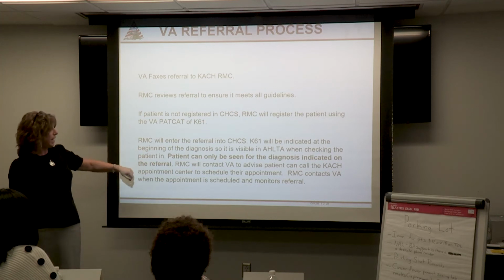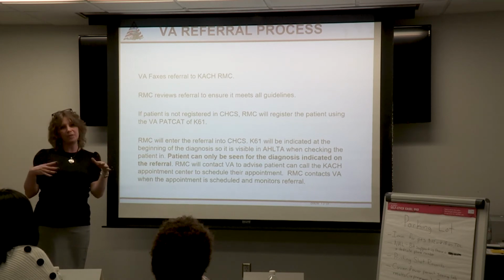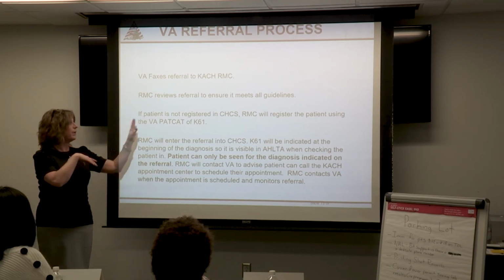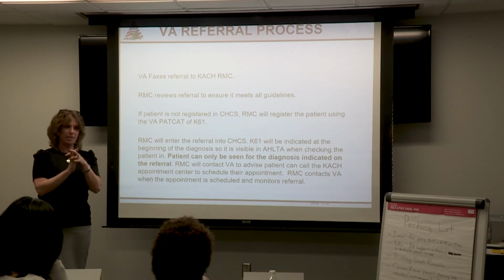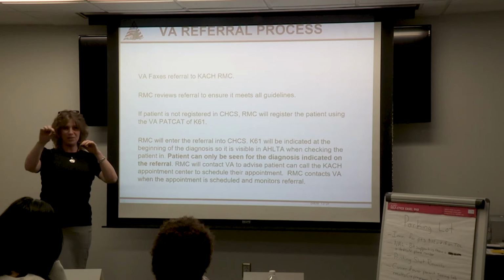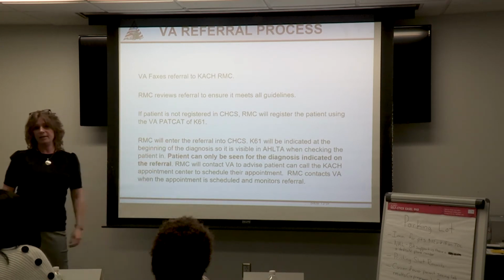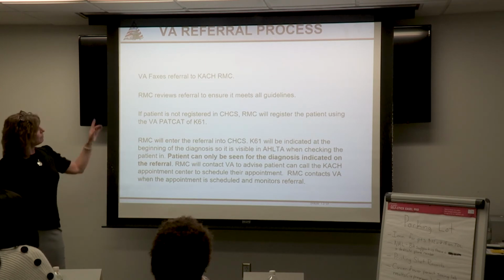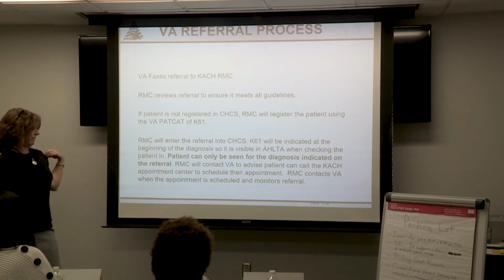So what we're doing now is putting K61 in the diagnosis. When we enter a referral, we use CHCS, and we use K61 right before the diagnosis. So when you pull up the patient in Alta, the diagnosis is there for that referral and you'll see K61. That's your indicator that the person is from the VA and coming in on the VA share agreement.